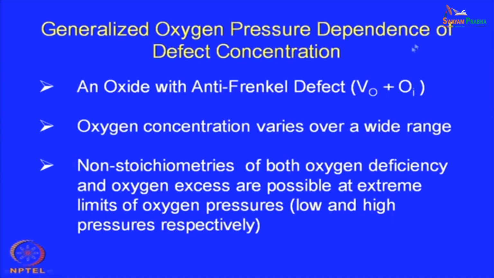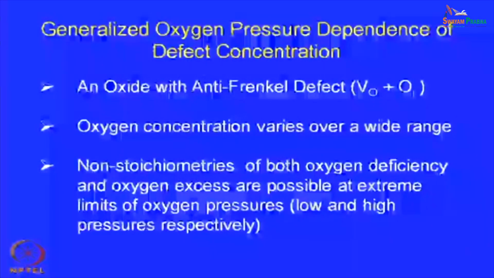Generalized oxygen pressure dependence of defect concentration in an oxide with anti-Frenkel defect. We are talking about a little bit generalized things. We have already considered what happens when there is a metal vacancy or oxygen vacancy, and in some cases we will get p type conductor or electronic compensation, another case ionic compensation, all those things we have discussed.